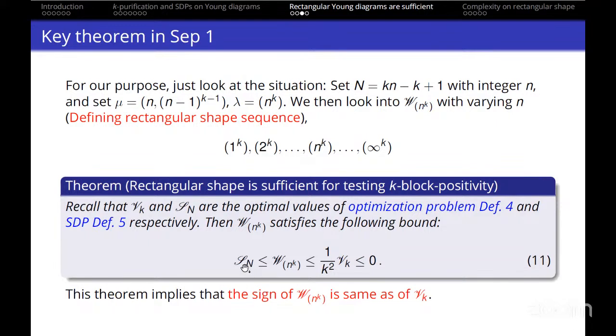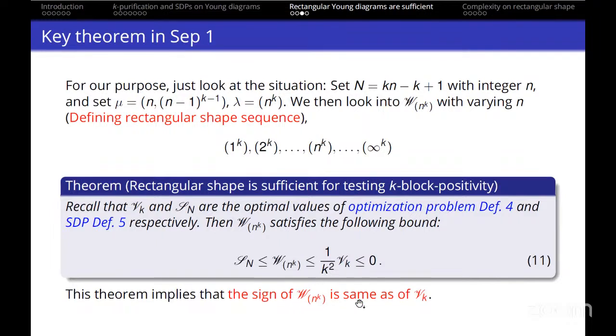And this is the optimized value or minimum value of the SDP at level n, and this is the original. I just relax the trace inequality, and then we're going to have some factor multiplier in the optimization problem in definition 4. So it carries the same sense.